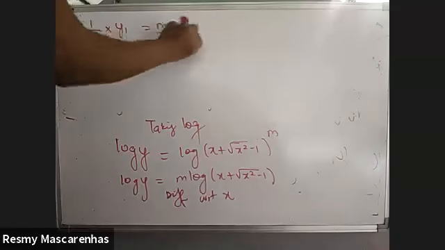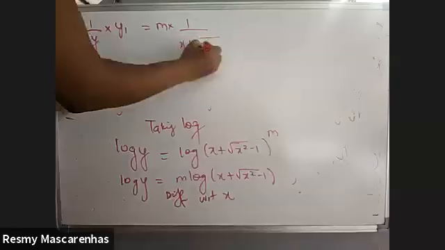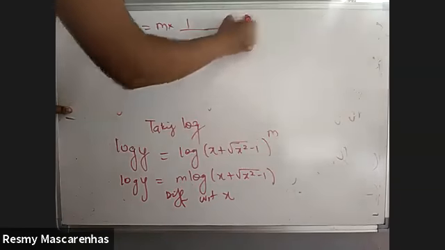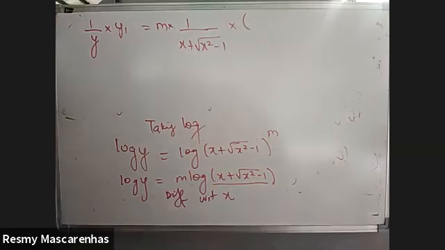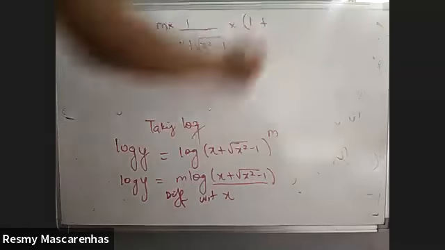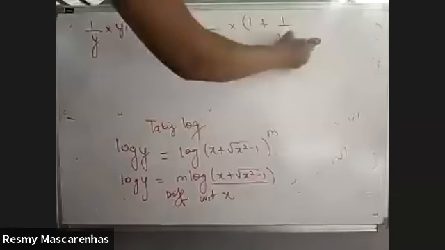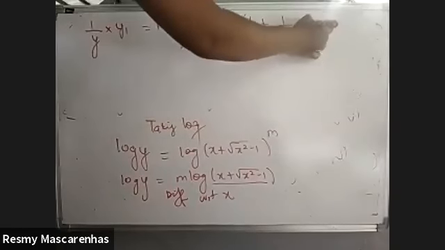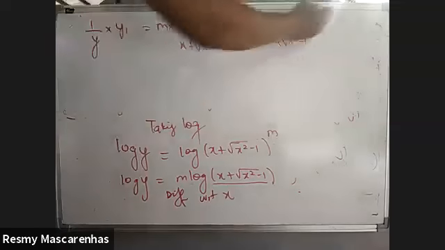So log of that will be 1 upon this into derivative of this. So derivative of x will be nothing but 1 plus root of something is what? 1 upon 2 root x square minus 1 into derivative of what is there inside the bracket.